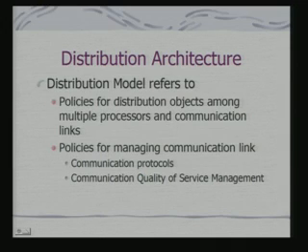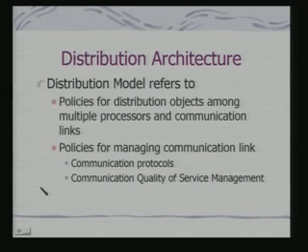A complex system like an air traffic controller system will not be built around a single processor. There may be multiple processing elements, and there would be policies for managing the communication link, the communication protocols, and communication quality of service management. So, all these things can be specified through your distribution architecture.